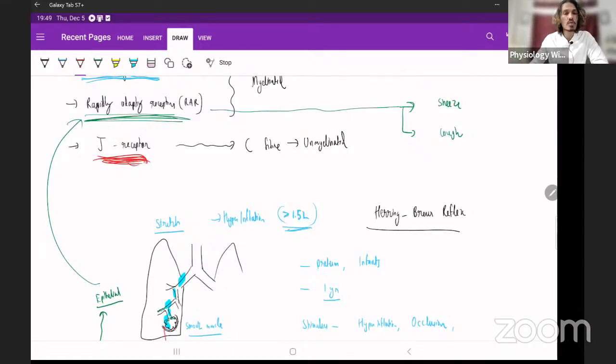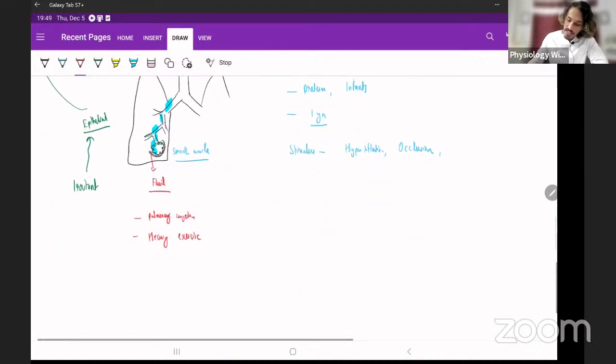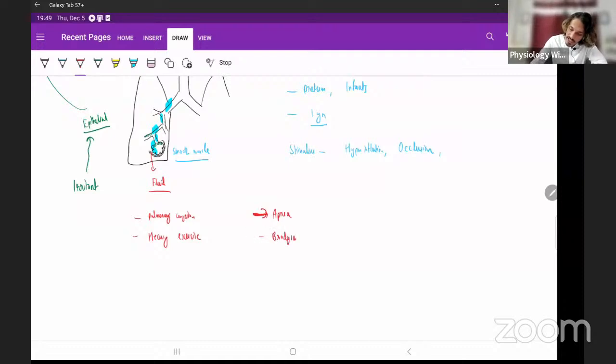So again, the effect is a vagal sort of thing. Immediately, there will be an apnea. First impulse is that apnea. What does this vagus do? It results in a bradycardia. This is the first impulse that happens.